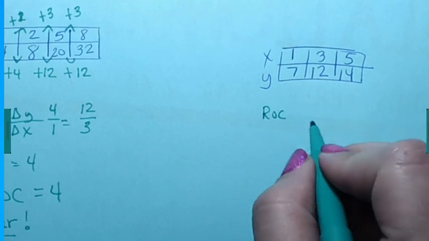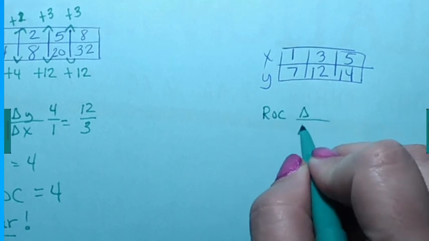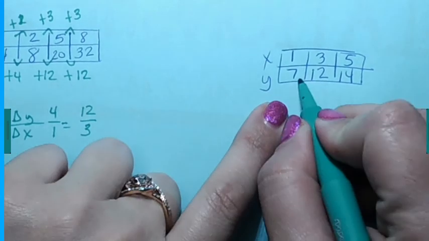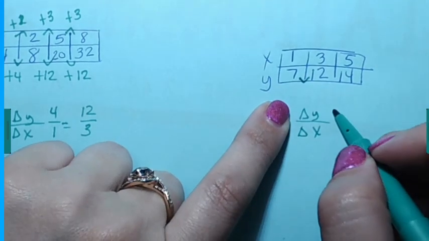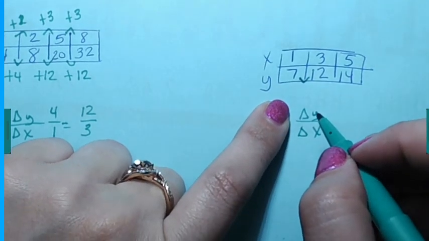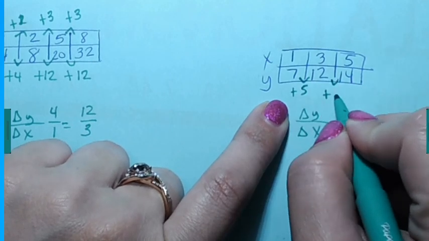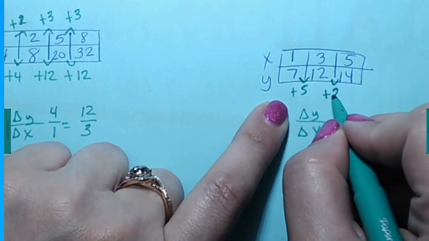Okay, so I remember rocks, so I draw my little rocks, my little triangles here. It reminds me I'm looking at the outside numbers. How do you get from 7 to 12? Plus 5. How do I get from 12 to 14? Plus 2.